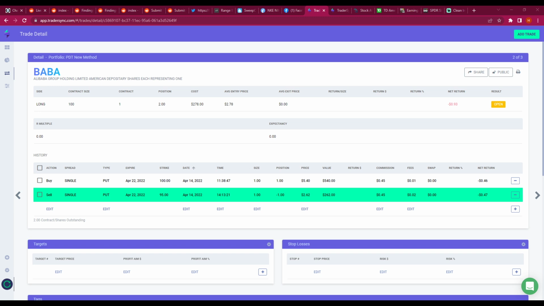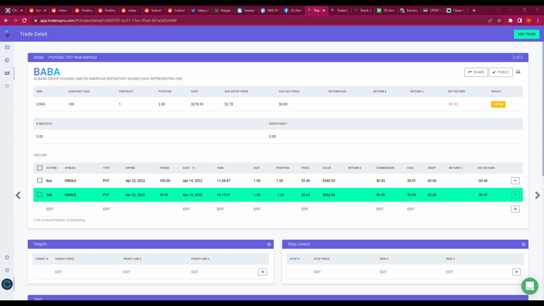But I did not want to have a straight put on. I wanted to commit the portfolio to a direction. So I was rectifying the mistake by capping this put and selling the 95s.